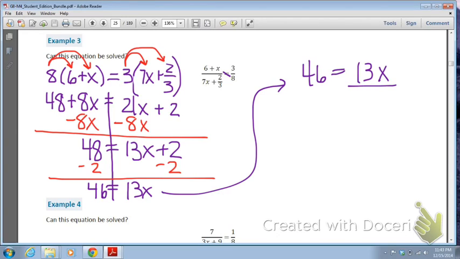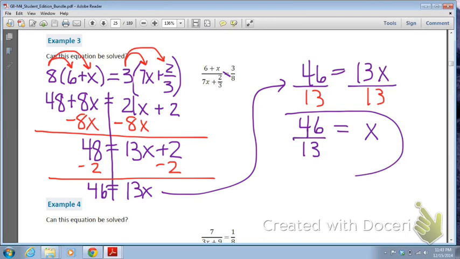So I want to divide both sides of that by 13. And I get that x is 46 over 13. That's my solution there.